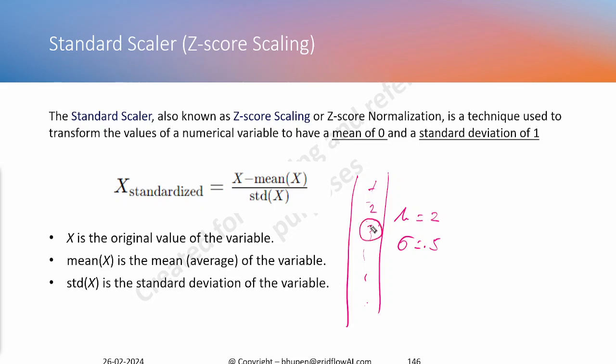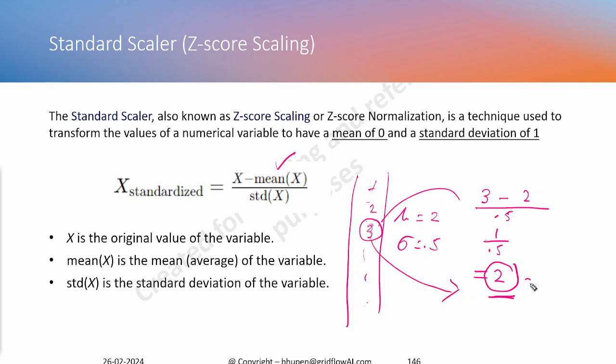Let's say I want to convert this 3. So what we do here: 3 minus the mean, which is 2, divided by the standard deviation, which is 0.5. So it is going to be 1 divided by 0.5, which is 2. That means I'm going to convert 3 to a transformed value of 2.